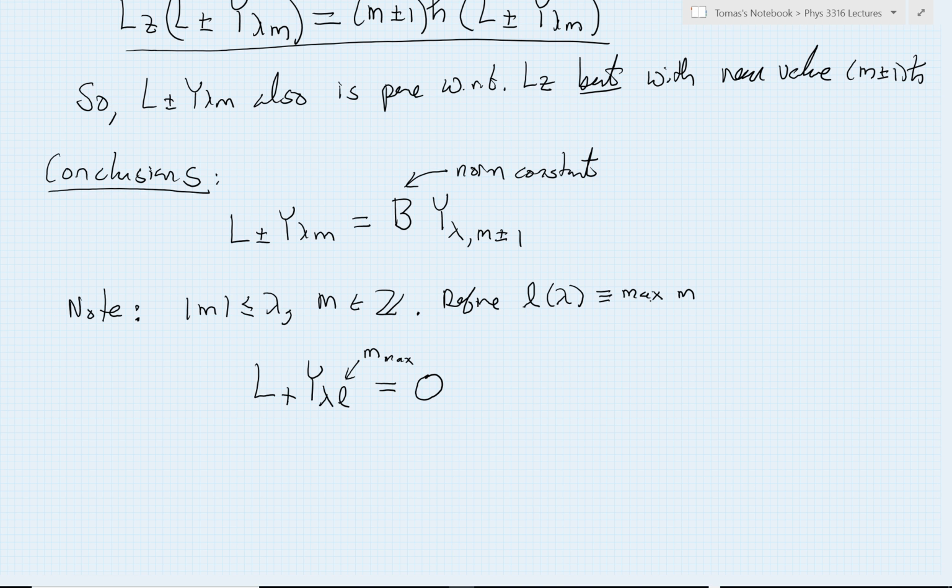Now, given this, what we have are two things that we can do with this. The first very nice thing is this gives us a linear operator equation, because the L operators are linear, right?